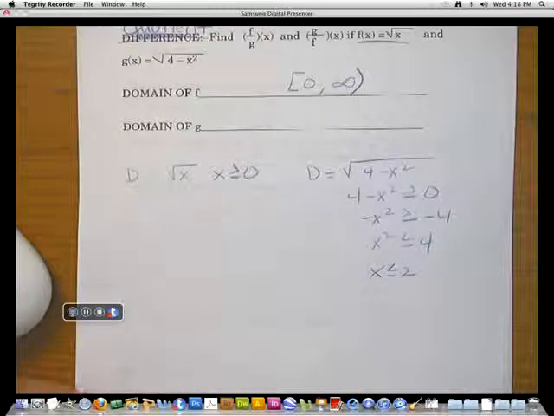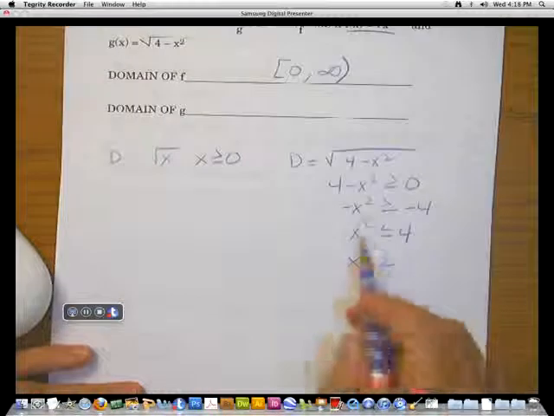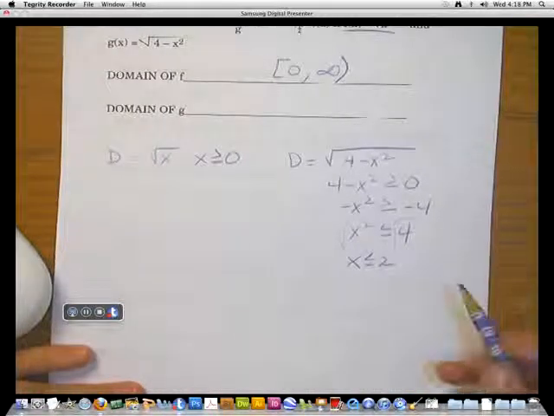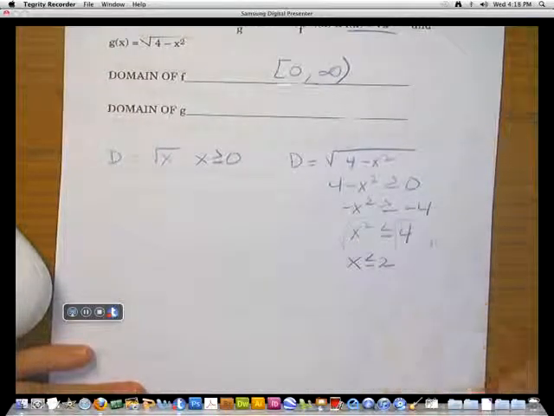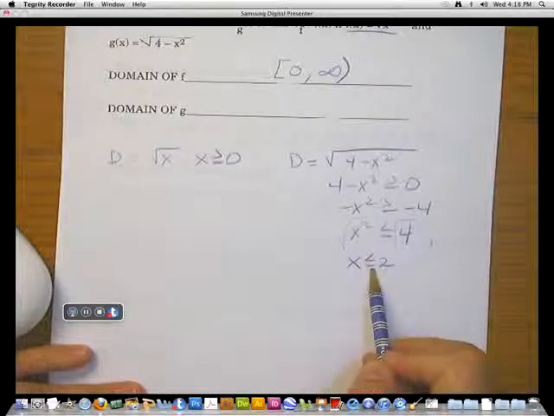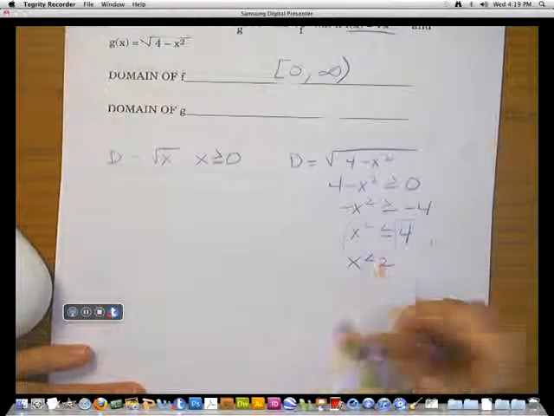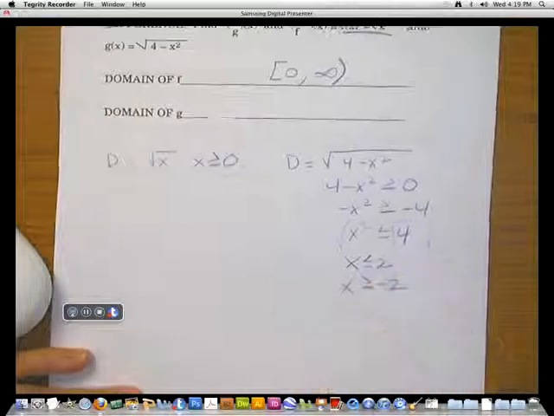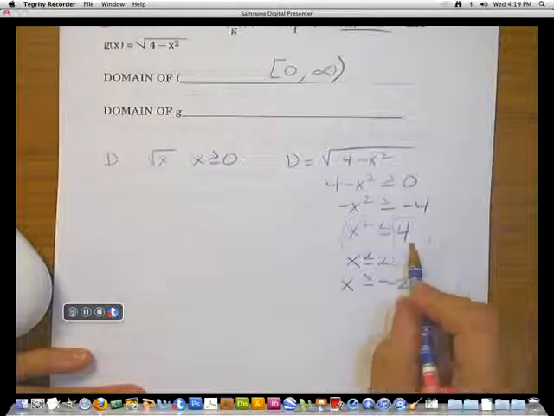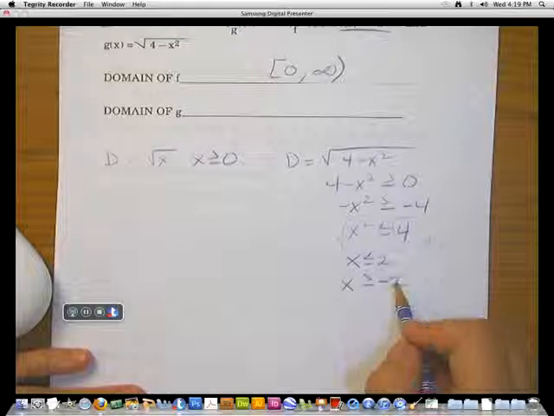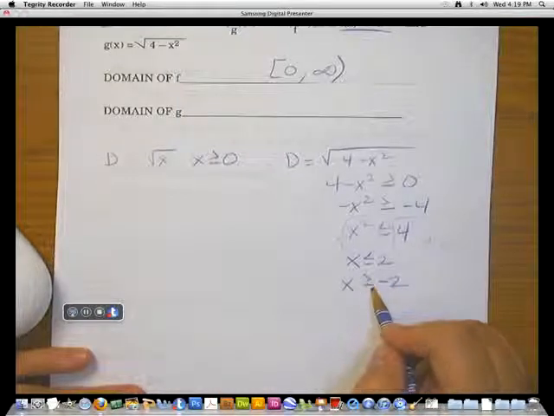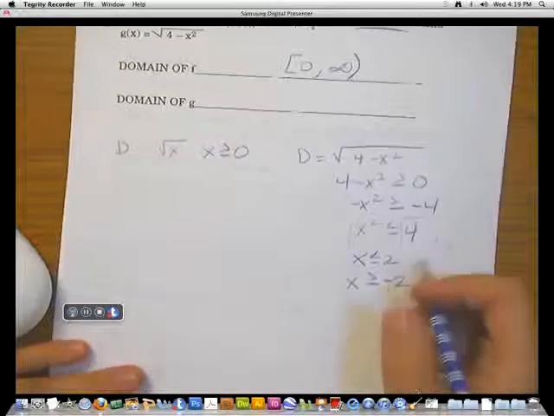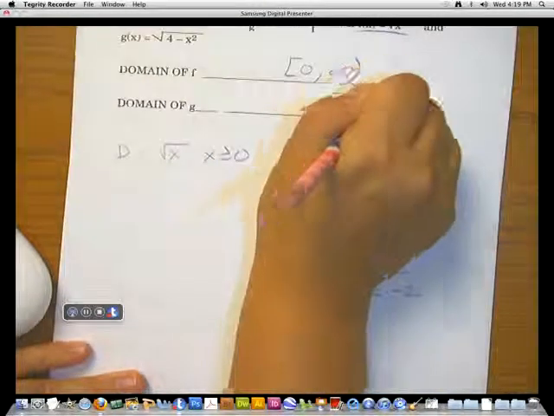Because remember, when I square root, I'm going to get two answers. I'm going to get a plus and a minus 2. Well, the plus is not going to change the sign, but the minus will. The minus that you get from the square rooting of 4 will change that sign. So the domain is everything greater than negative 2 and less than positive 2. So negative 2 to 2.